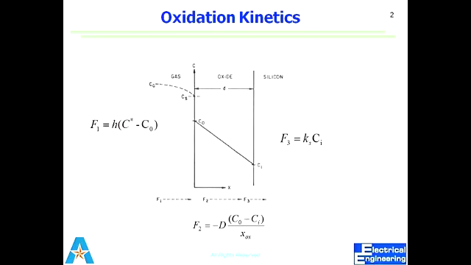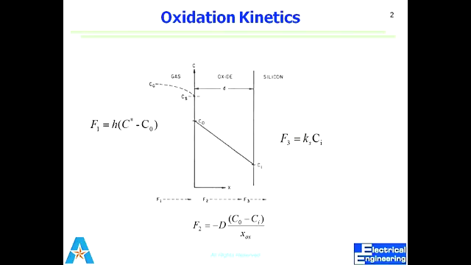So F1 depends upon the gradient, F2 depends upon diffusion. What do you think about F3?